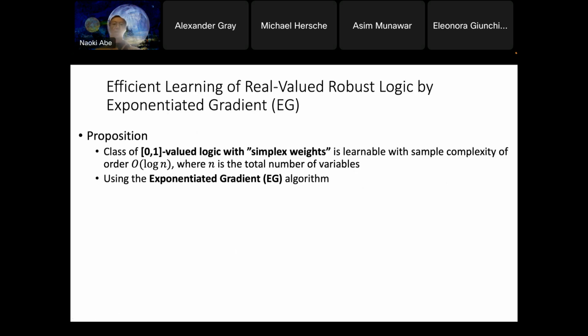And for this class of weighted linear real-valued logic, you can show that using the exponentiated gradient algorithm, which is a generalization of the ReNAL algorithm, you can learn this class of logical rules also with a logarithmic sample complexity, where n is the total number of values.